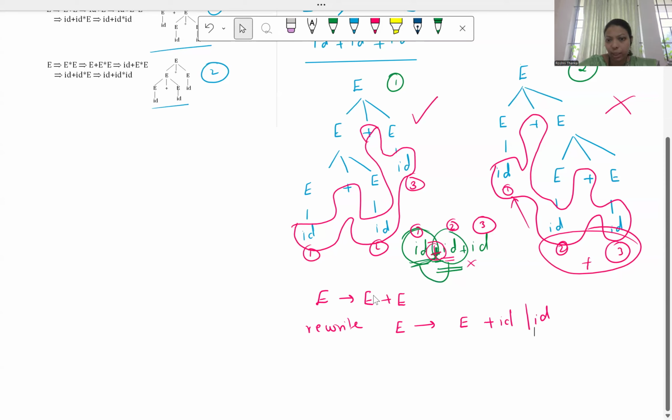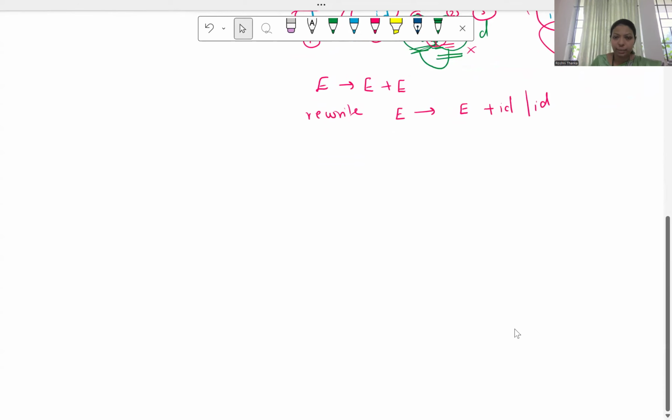Instead of inducing the right recursion, I have replaced this E with ID so that I can eliminate it. I can fit it into the correct parse tree. Hope you got it.